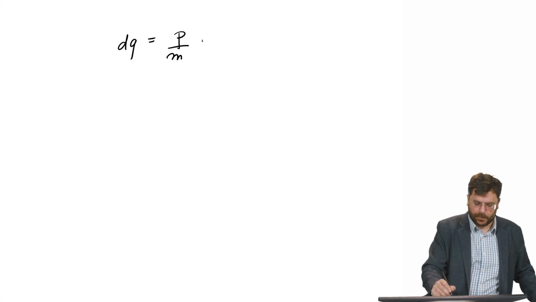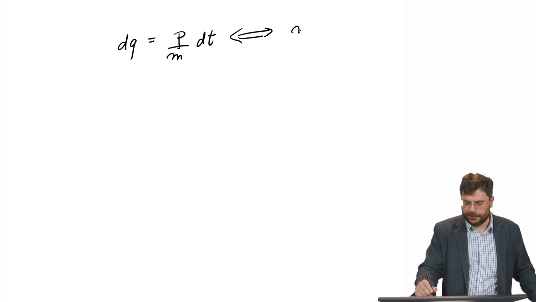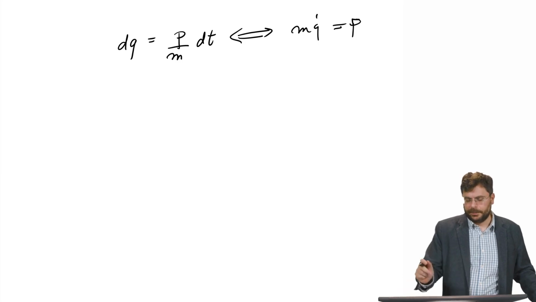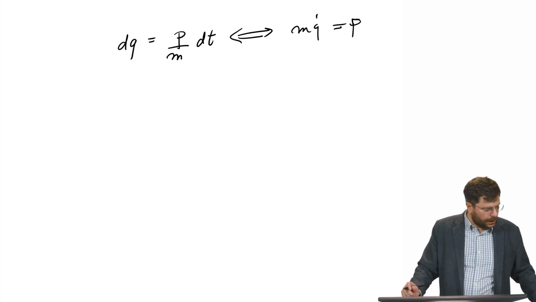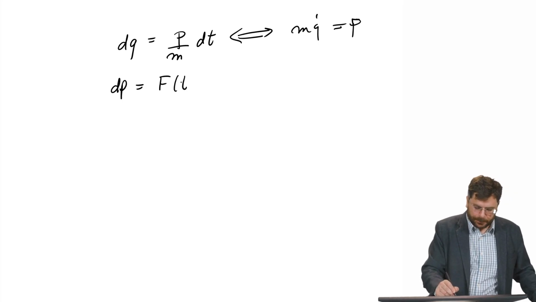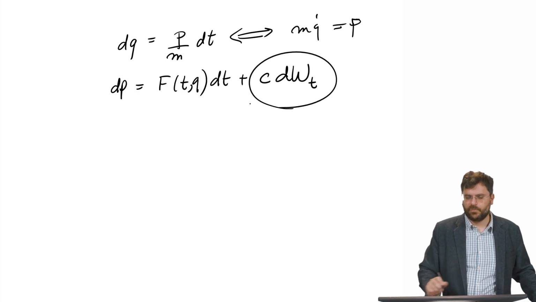So let's go ahead and modify our Newton's equations a little bit to integrate the notion of noise. So this again is a restatement of the fact that momentum is mass times position dotted, and in our momentum equation, we will write down F(t), maybe that depends on position, q, dt, plus, and this will be the important part, the noise.